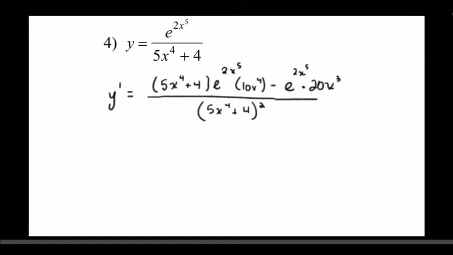So if we factor out a common term from the numerator, it's going to be 10x cubed e to the 2x to the 5th.